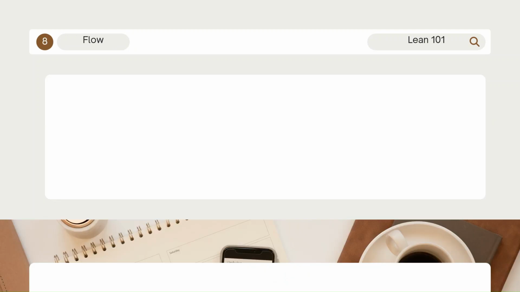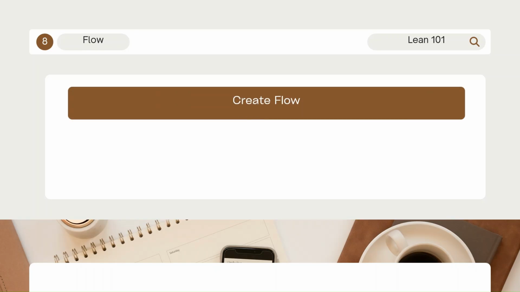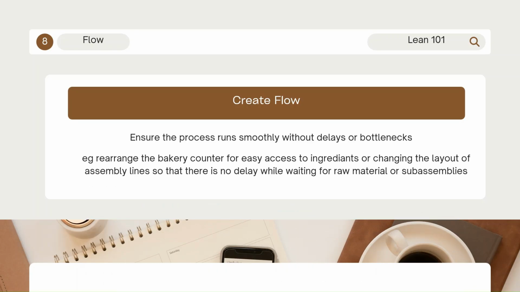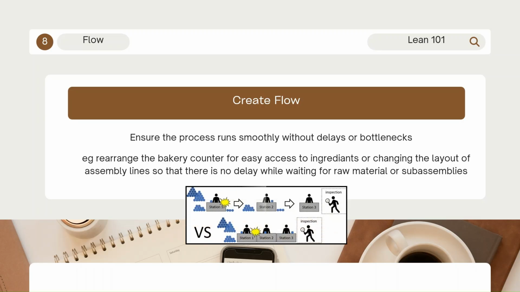Now let us go to the next slide and understand flow, or creating the flow. Ensure the process runs smoothly without delays or bottlenecks. For example, rearrange the bakery counter for easy access to ingredients, or change the layout of the assembly line so that there is no delay while waiting for raw material or sub-assemblies. This is a picture that depicts flow.